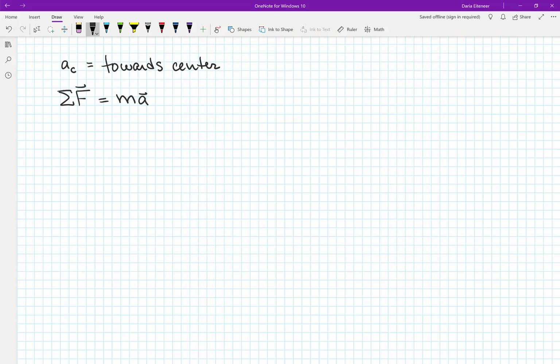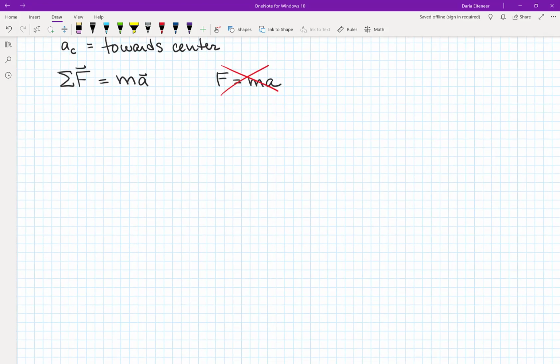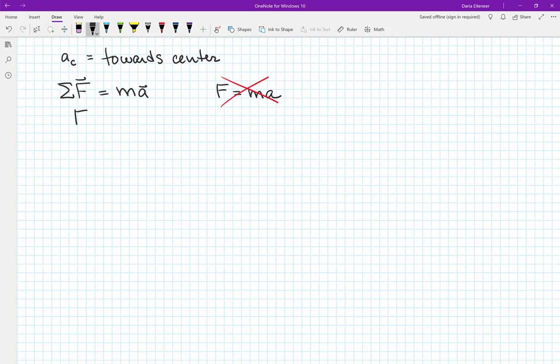Now, I have told you before that you shouldn't be writing just F equals ma. This is bad, because it's not every force that can be written in terms of mass times acceleration. It's only the net force, the sum of all forces. However, in this case, for the special kind of acceleration, centripetal acceleration, I can actually write centripetal force equals mass times centripetal acceleration.